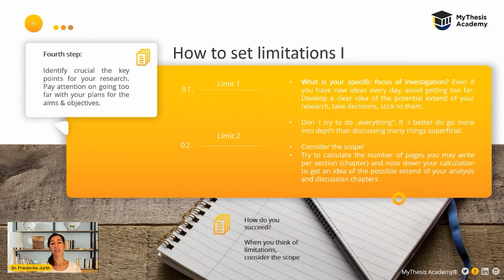So try to make a realistic calculation of the number of pages that you may write per section. Calculate the chapters that you have, and note down, more or less, the number of pages that you can spend on one chapter or section, to have an idea about the possible extent of the analysis and discussion chapters.